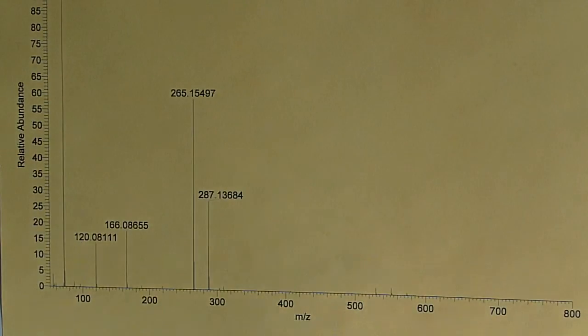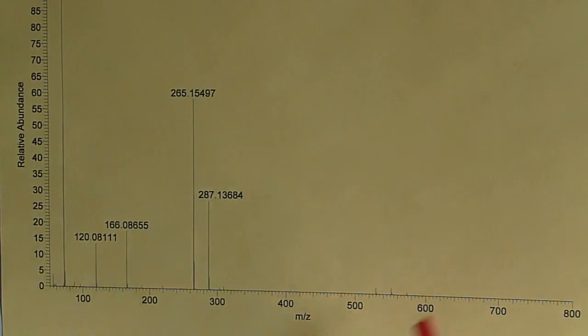And in electrospray, we also have a clustering effect in which, if M is the molecular weight 264, then sometimes, depending upon concentration, we'll see a non-covalent 2M cluster plus the proton, and a 2M cluster plus the sodium cation.